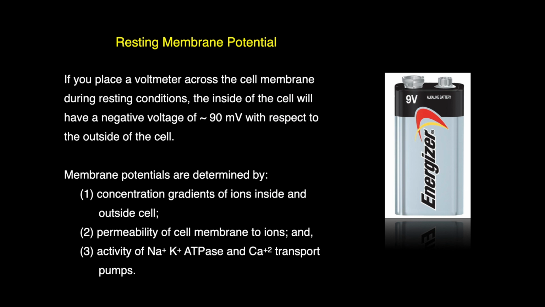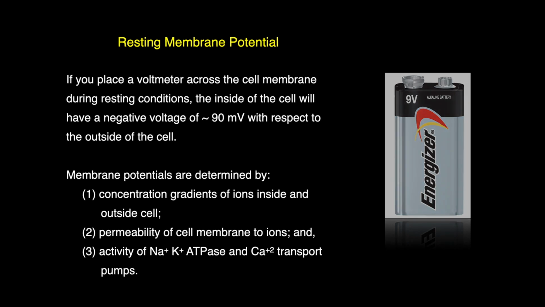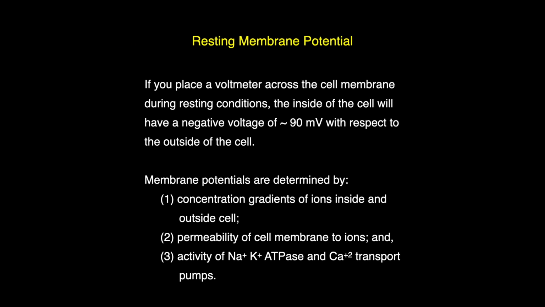Now imagine a 9-volt battery. If you connect a voltmeter to the terminals of this battery, the voltage difference between the terminals should read 9 volts. Imagine now taking the voltmeter and measuring the voltage difference between the inside and outside of a heart cell. During resting conditions, you would find that the voltage within the cell is about 90 millivolts less than the voltage outside the cell.